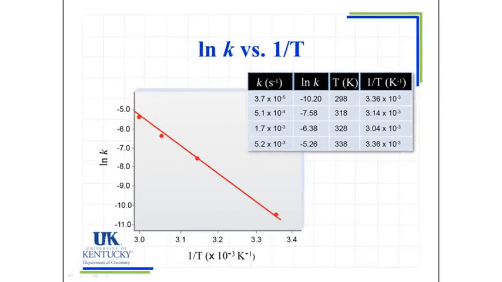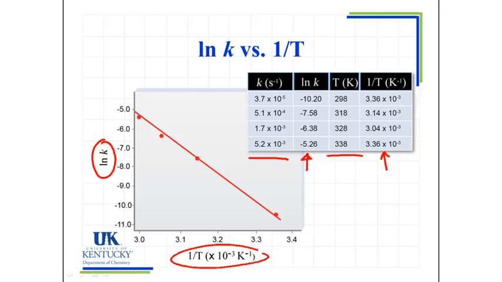Here is an example. If you're given k's and temperatures, you would first take the natural log of those k's, and take 1 over those temperatures. Then plot natural log of k along the y-axis and 1 over T along the x-axis, and take the best straight line through those points.